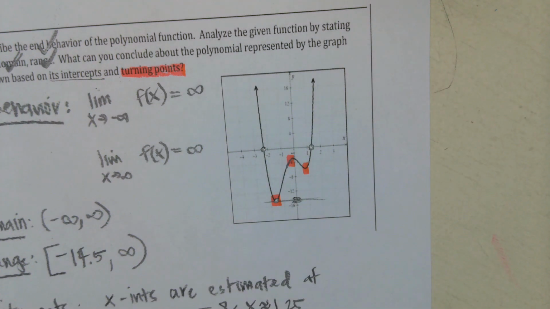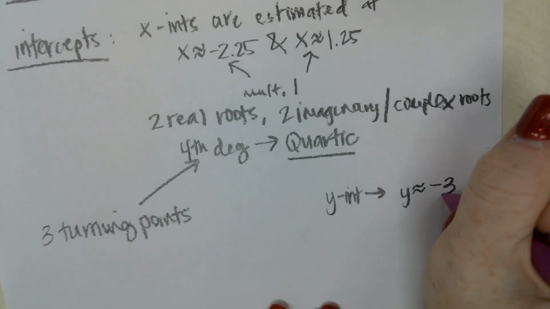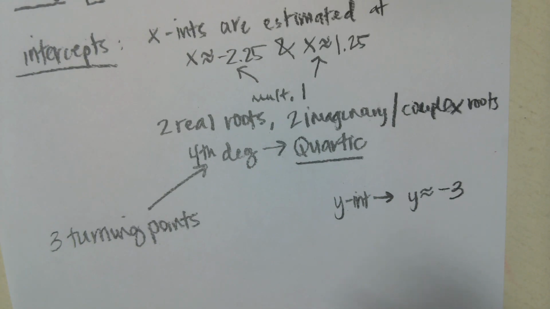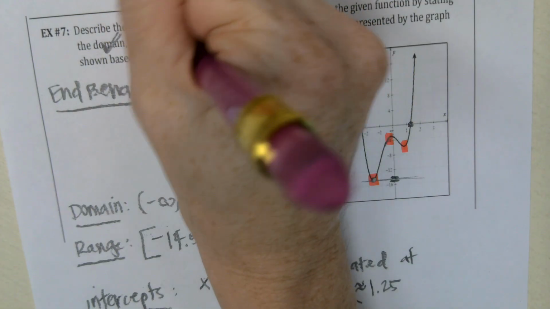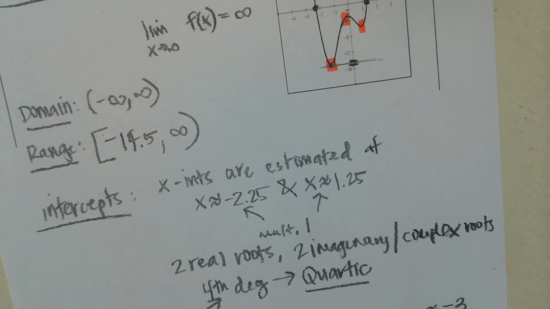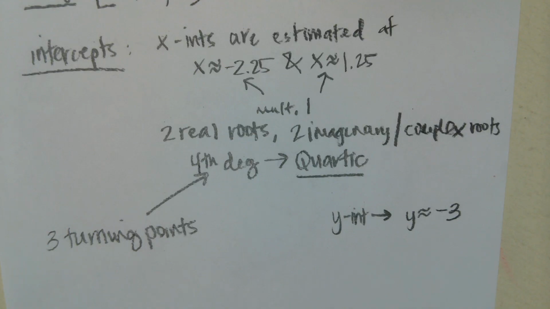So then that would make it what? Not 3, but -3. Okay, so I've written down x-intercepts, turning point information. I've answered everything it's asked me to. When you get a multi-step question like that, I highly recommend that you go through checking off that stuff. All right?